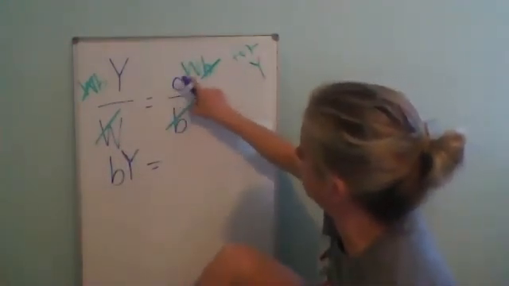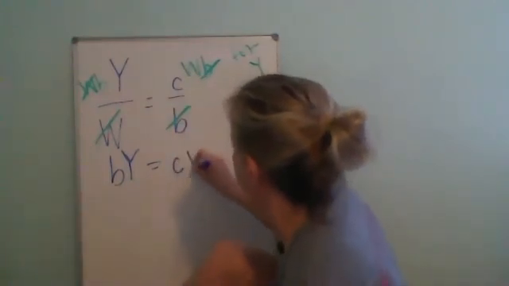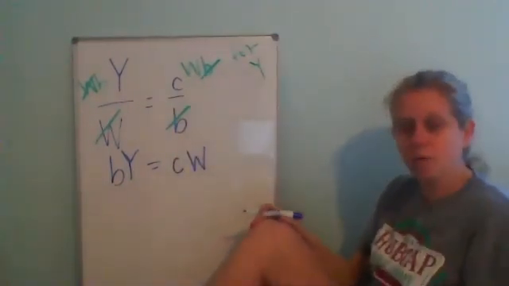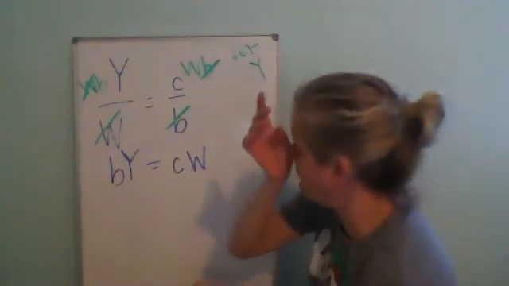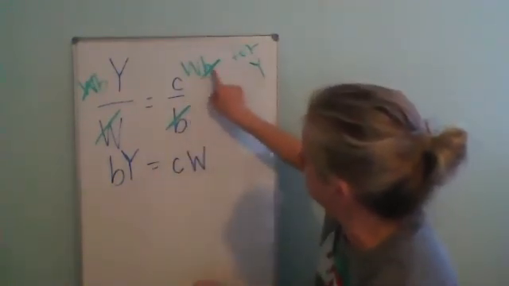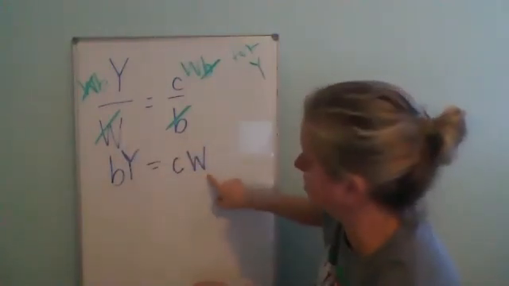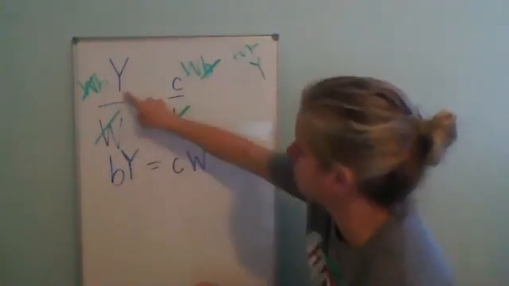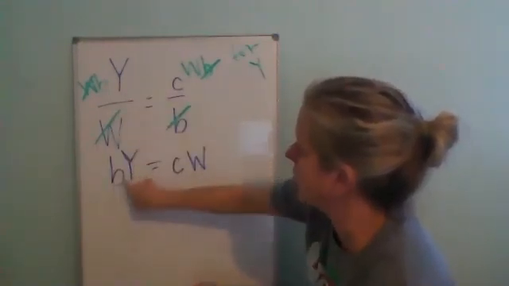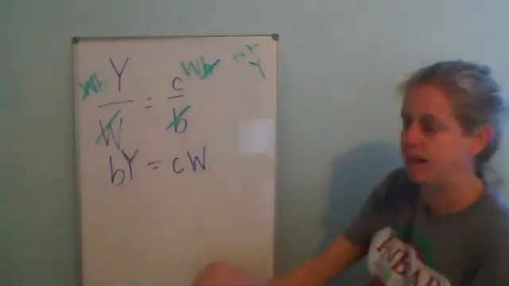Since those b's canceled, I'm left with cw. Which is what I would have gotten if I cross-multiplied anyway, right? If I would have cross-multiplied without doing this step, I would have multiplied the c times the w, which would have given me cw. And this cross would have been b times y, which is by. So it does the same thing.